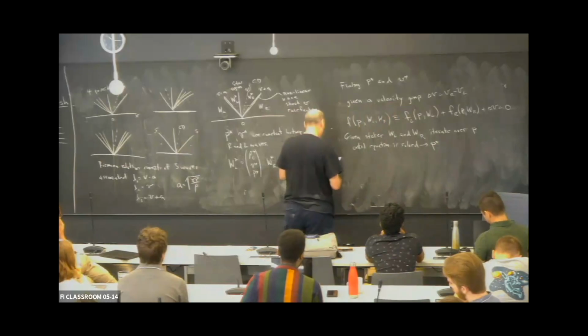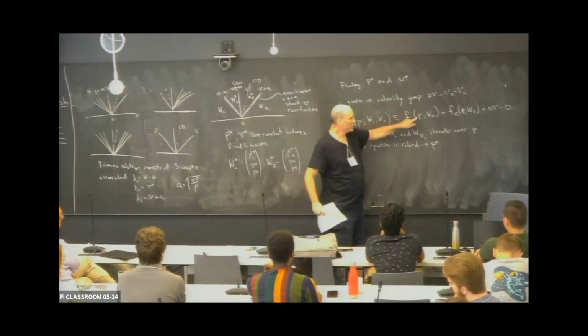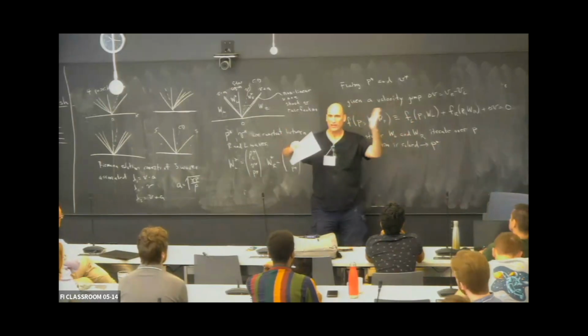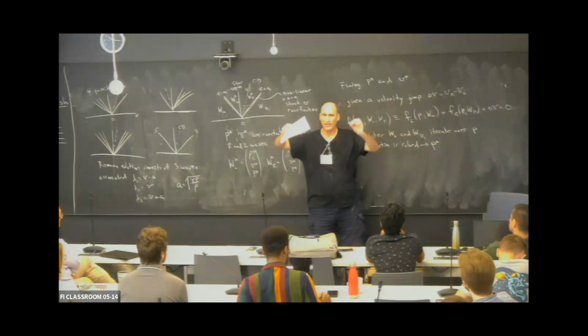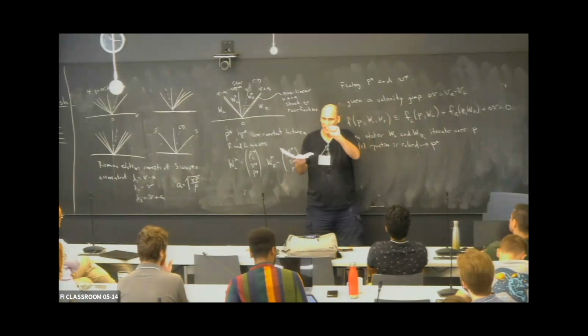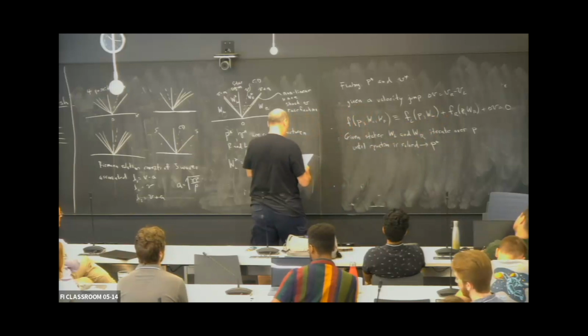Okay, so the cool thing about these functions is as you're adjusting P, they can switch from a rarefaction to a shock, on both sides. You're moving around in P, trying to find the right P, and these functions can either be shocks or rarefactions.